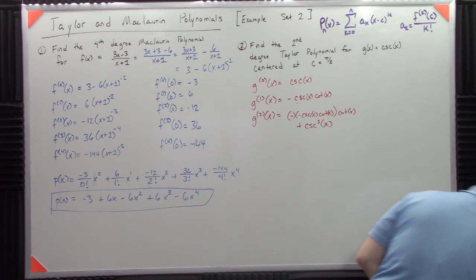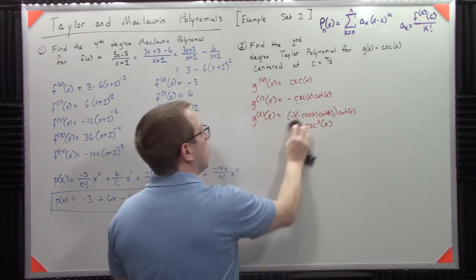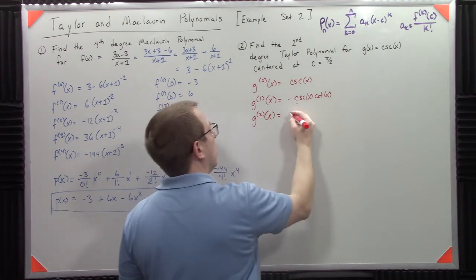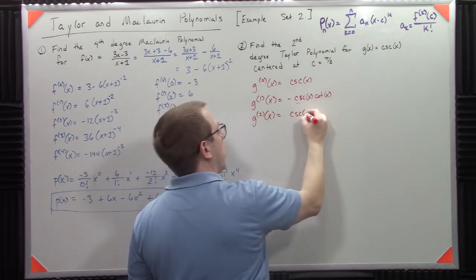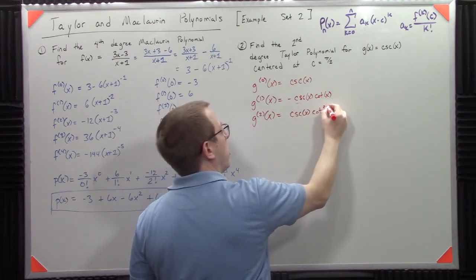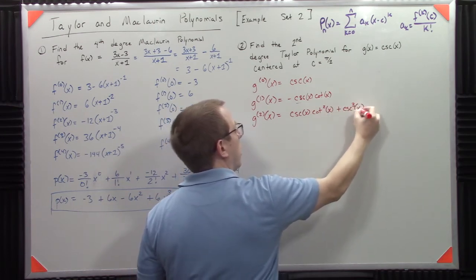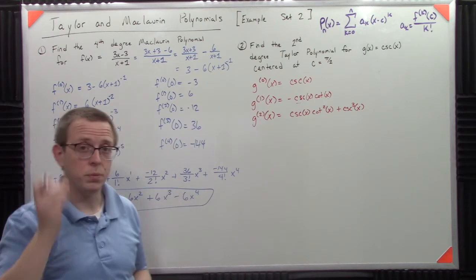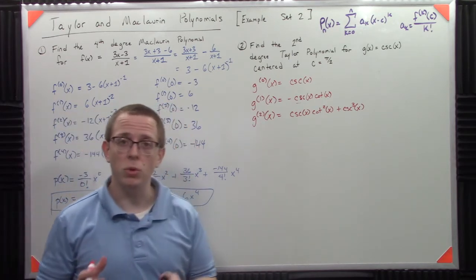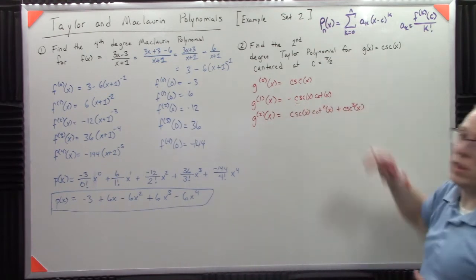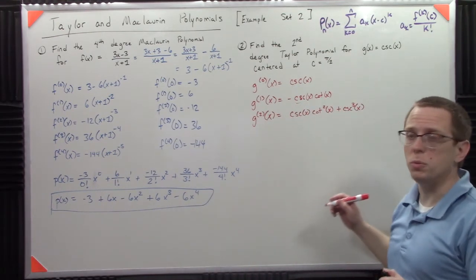Let's rewrite that. So that's going to be cosecant x cotangent squared x plus cosecant cubed x. So I believe that's right. I am doing this off the cuff. I apologize. Now we have to evaluate this at pi over 2.